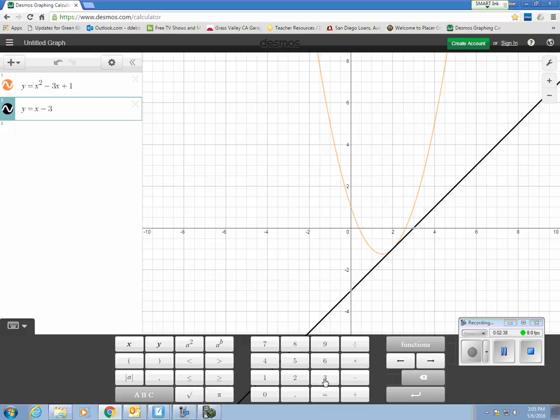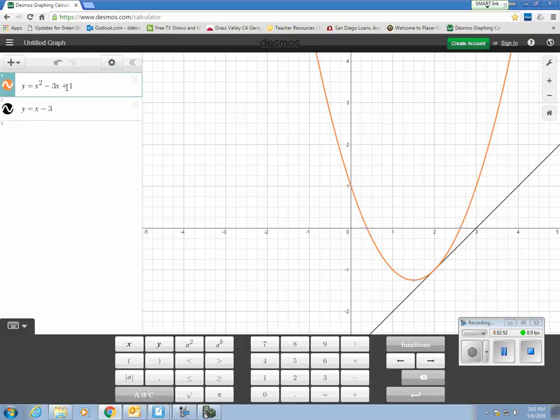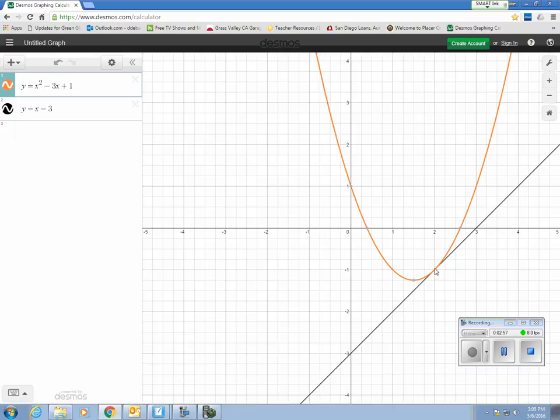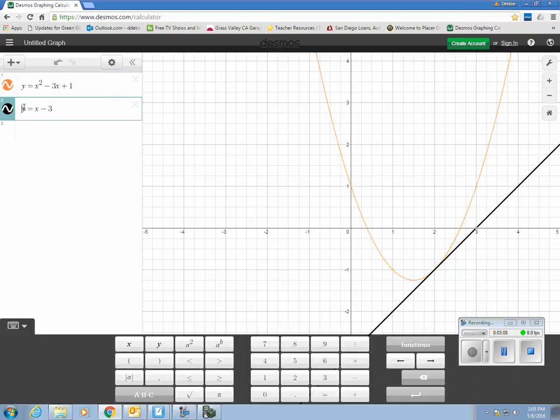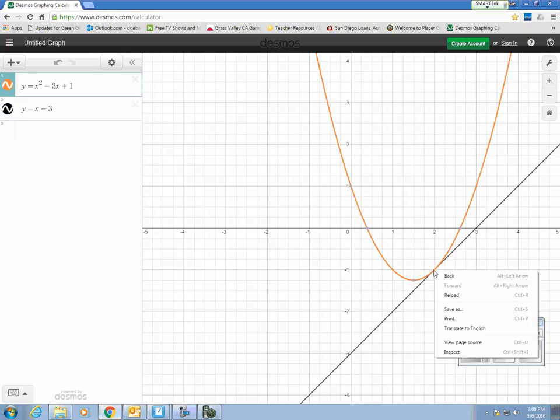So I notice that my parabola and my line intersect in one point. And I notice that point of intersection is (2, -1).